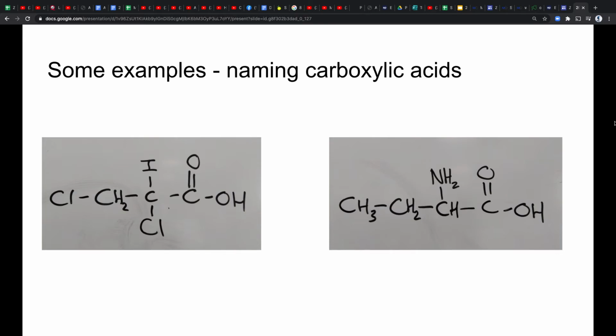So the example on the left has a couple of chlorines. Don't mistake those chlorines as carbons.